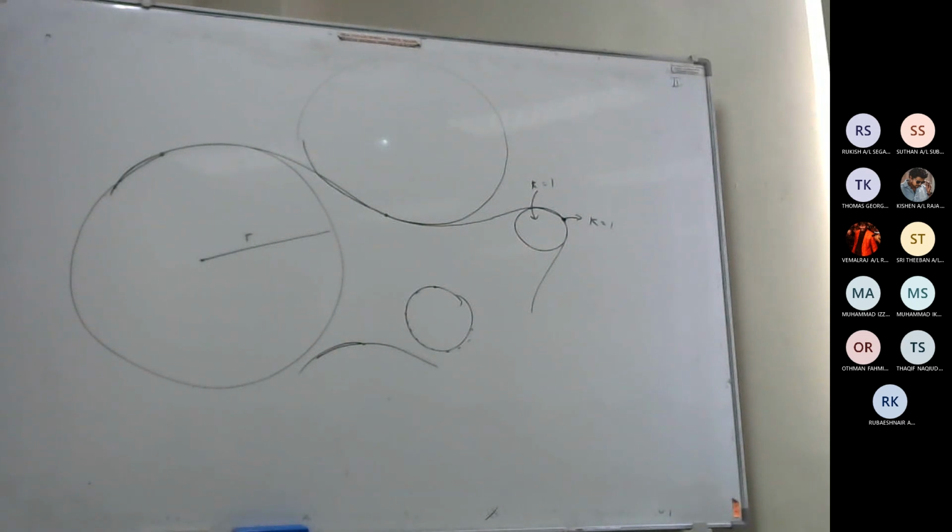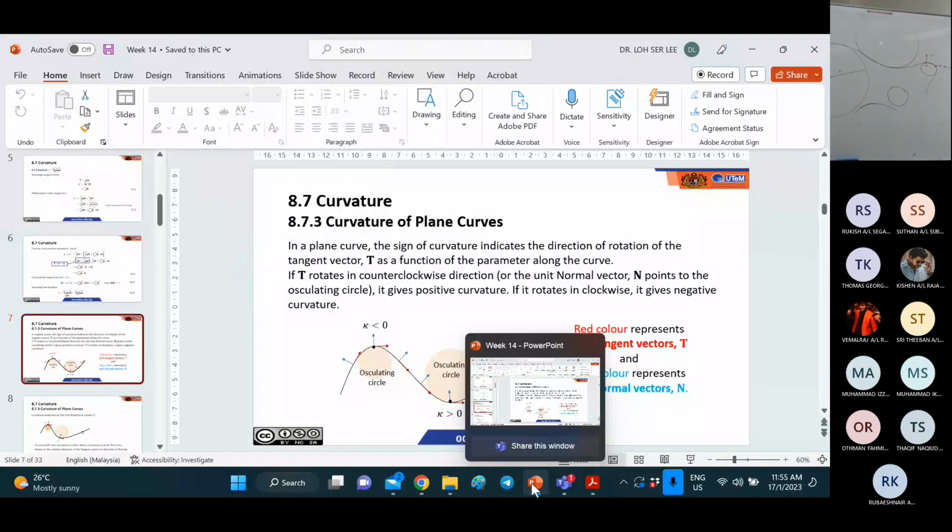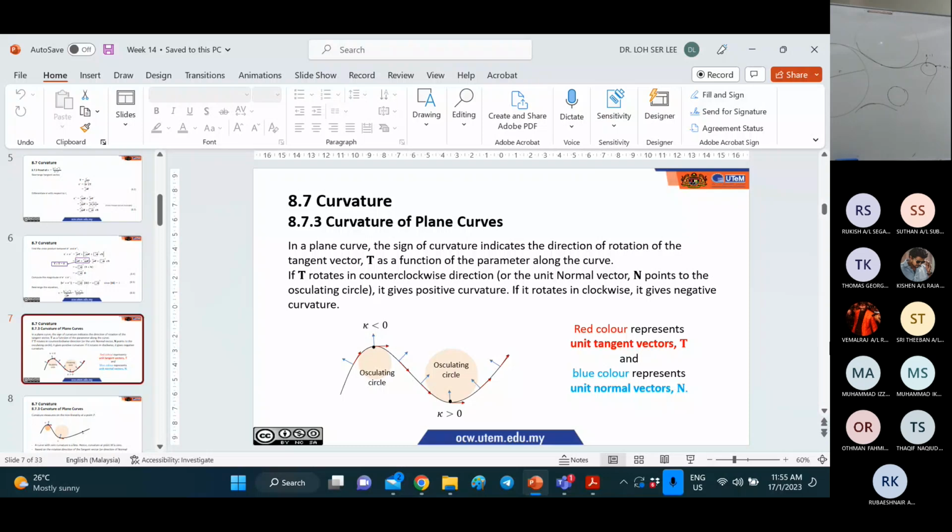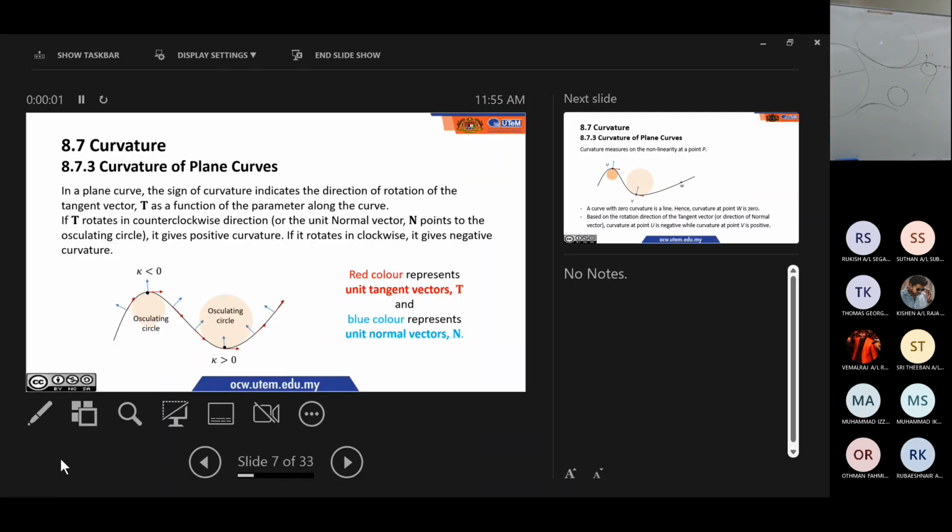Okay, now back to the slide. In a plane curve, the sign of curvature: remember, curvature has only a plus or minus sign when you have a plane curve.